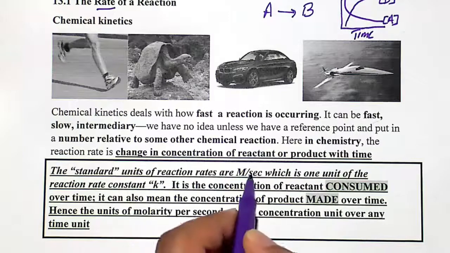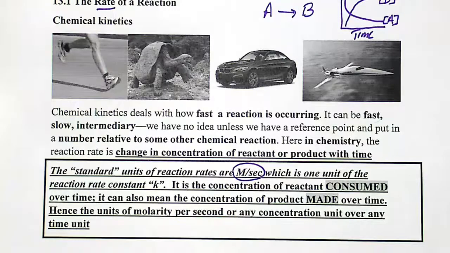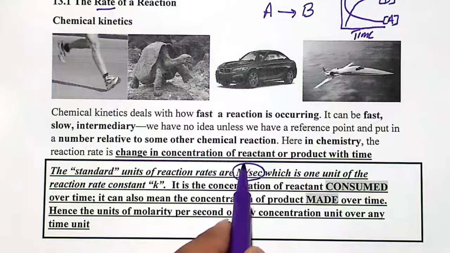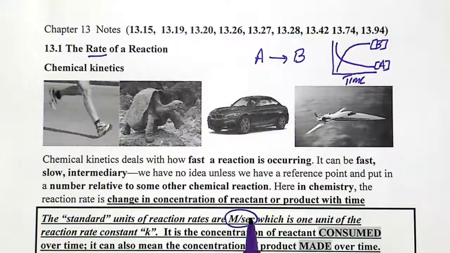So a standard unit would be some concentration that gets turned over over time. In other words, if we're measuring the concentration of reactant, we would measure the concentration of that reactant that decreases over some unit of time. It could be seconds, minutes, or hours.